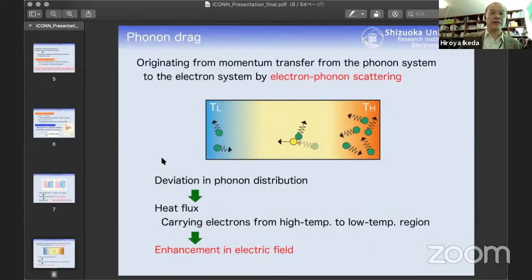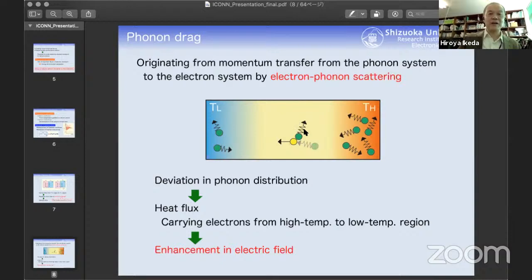As well as the carriers, the phonon distribution is changed. In the phonon distribution under the temperature gradient, phonons also transport from the high temperature region to the low temperature region. During the transport, phonons are scattered by electrons like this.